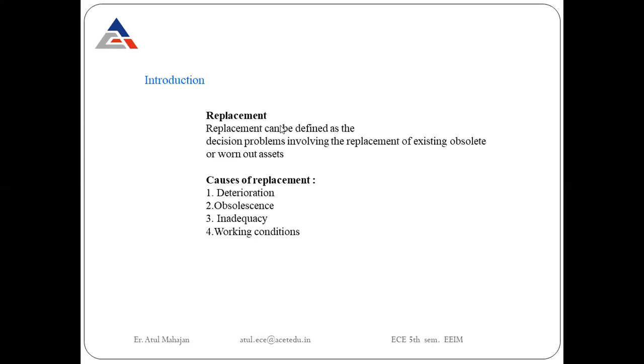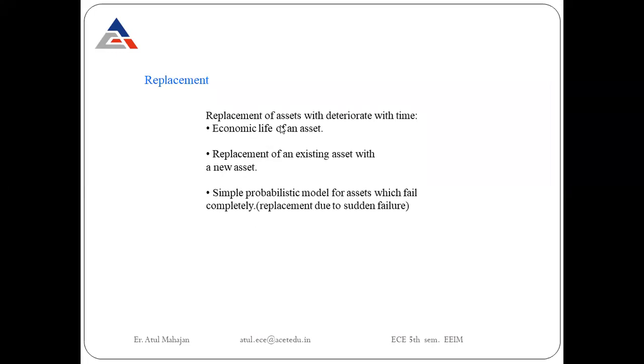So replacement is of an asset that deteriorates with time, the economic life of an asset. Now, why do we need to replace assets? Replacement is basically done because some of our assets get deteriorated with time. They are not in a sufficient position to work after a certain span of time, say 10 years.